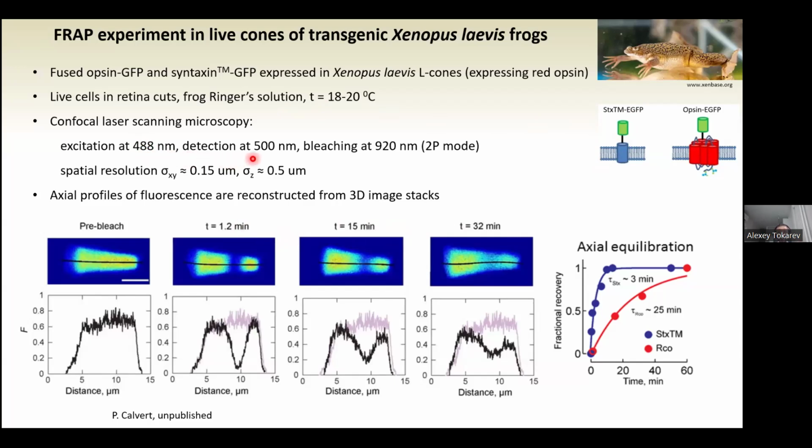This is called fluorescence. So what we do here, we pass two photons to this GFP, and it loses its ability to fluoresce.